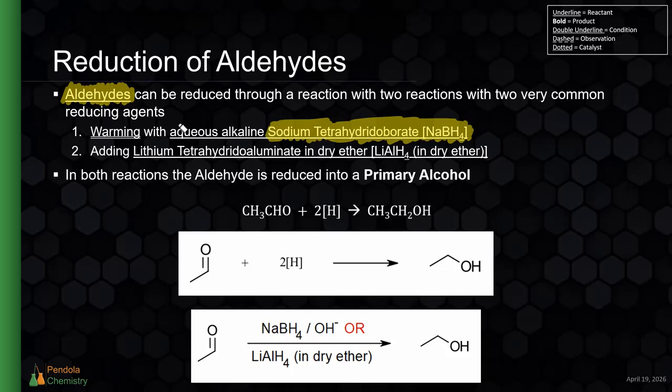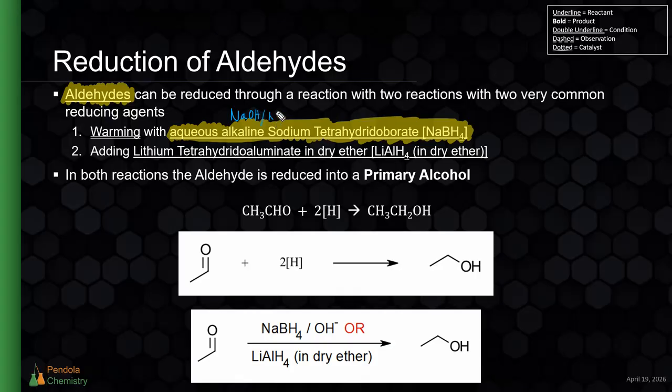In the case of aldehydes, if we use NaBH4 that is aqueous, so in water, and alkaline, meaning that we have some form of base in here, so this alkaline is usually going to be NaOH, although it could also be KOH.